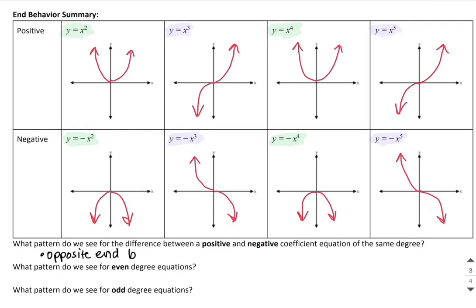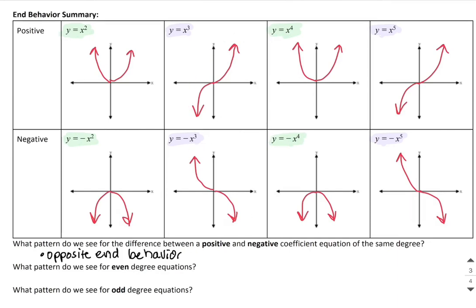Which makes sense because they flip upside down when I have that negative. And that's true for all functions. So opposite end behavior. This one was an upwards parabola. This is a downwards parabola. This is not a shape, it's an S, but can't really describe it as an S. But they're opposites of each other.